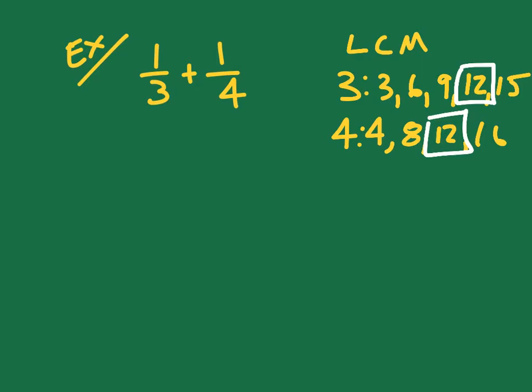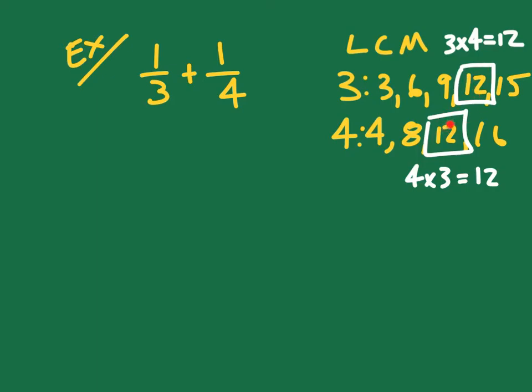Now what I have to think about is, if I take 3 times 4, that's going to give me 12. If I take 4 times 3, that's also going to give me 12. So finding out this number is going to tell me what my common denominator is going to be.